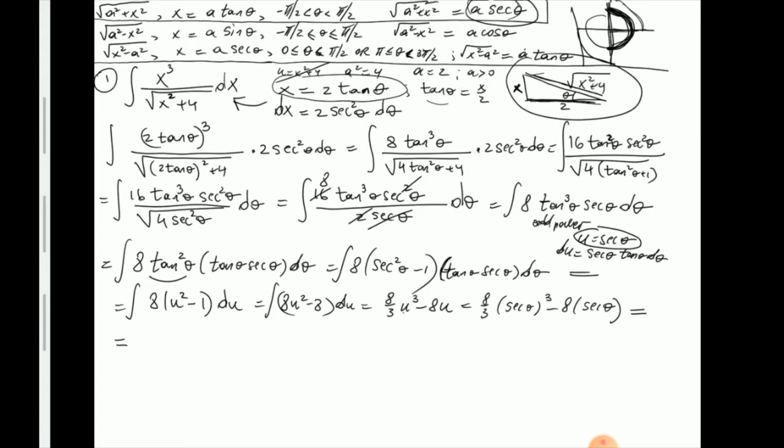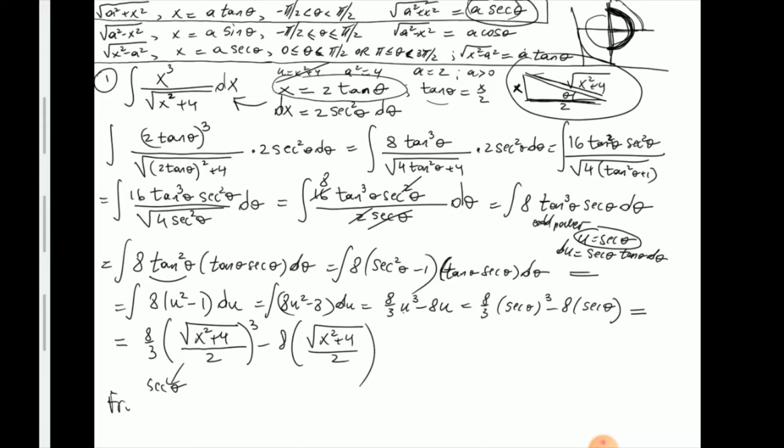So secant theta from that triangle will be the hypotenuse over the adjacent side. So you get that from the triangle.